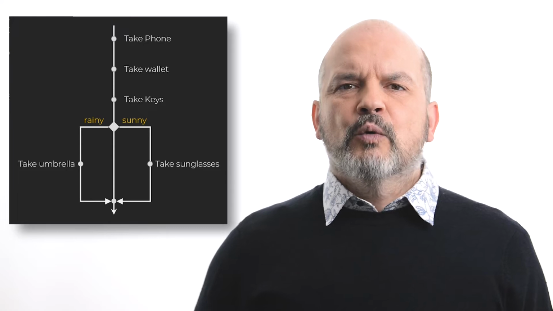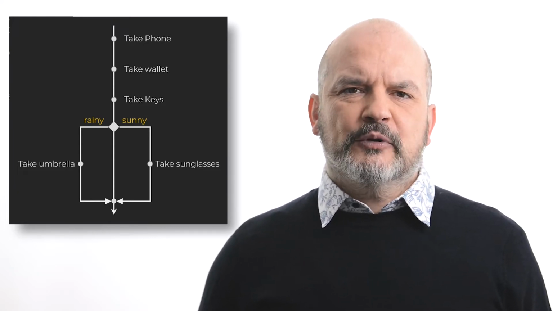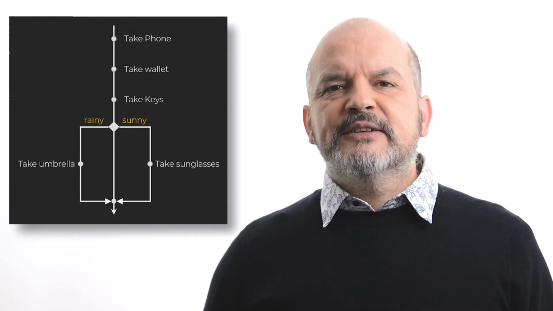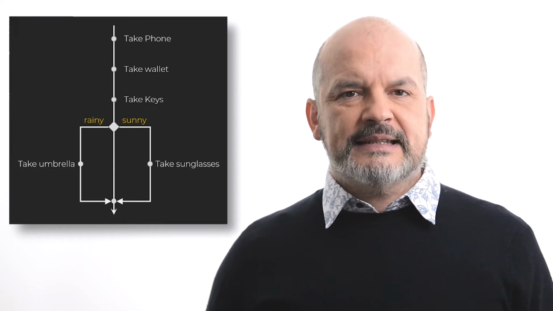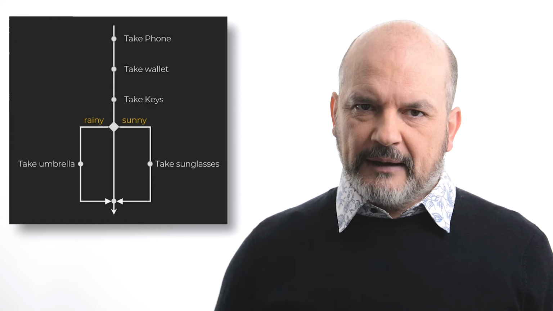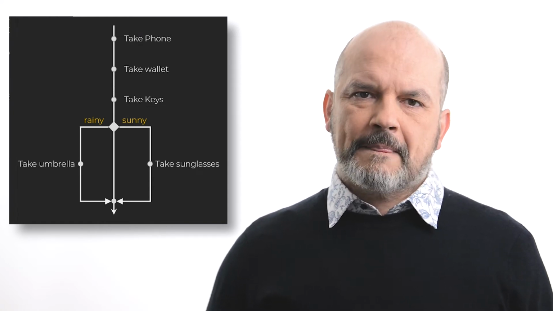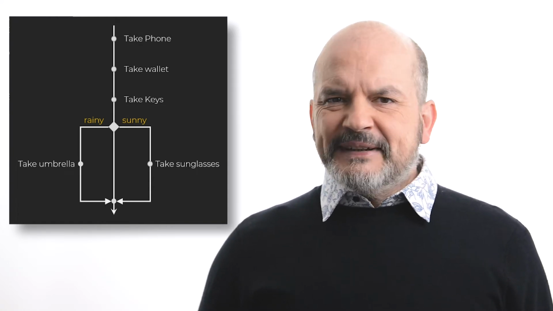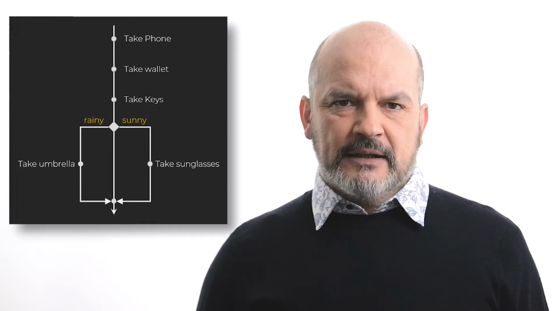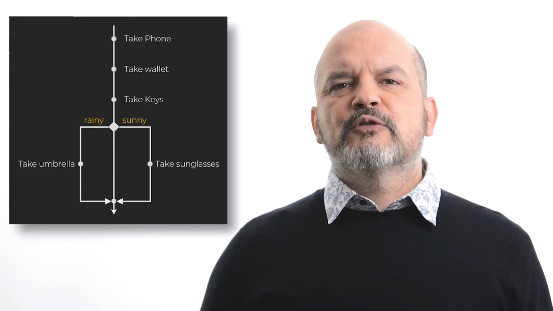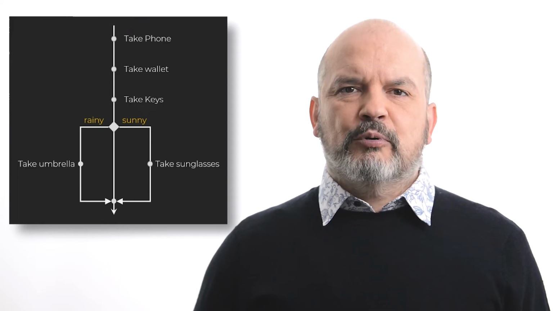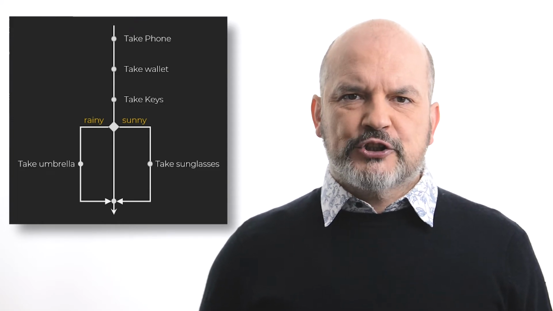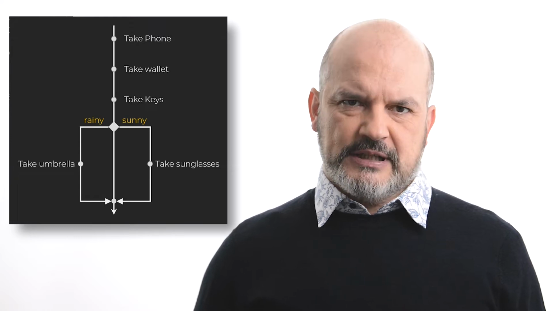For example, we may want to decide that in our simplified model of the British weather, if it is rainy, it cannot be sunny, and therefore a person cannot take sunglasses at the same time as an umbrella. Finally, if it is neither rainy nor sunny, we do nothing. It is represented by the middle branch in our diagram. The program now has two branches and a shortcut to skip the two branches.